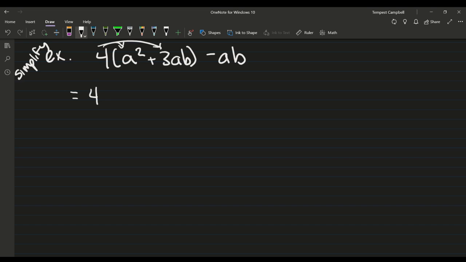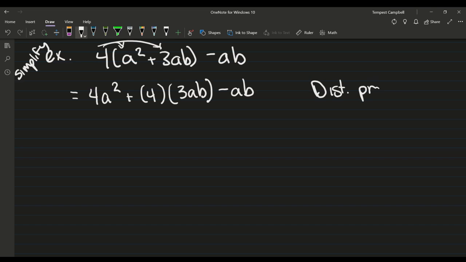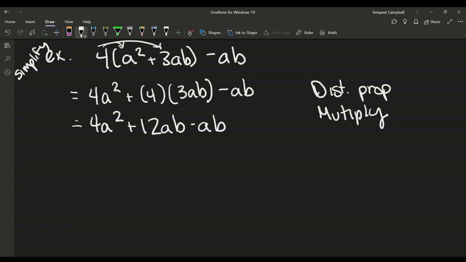So we're going to have 4a squared plus 4 times 3ab, and then we have our minus ab. So the way to think about this is I just did the distributive property. And now I'm actually going to multiply. And so we get 4a squared plus 12ab minus ab.